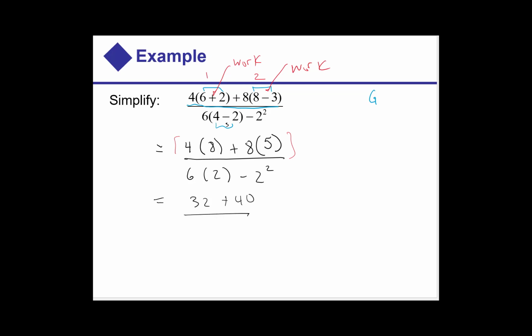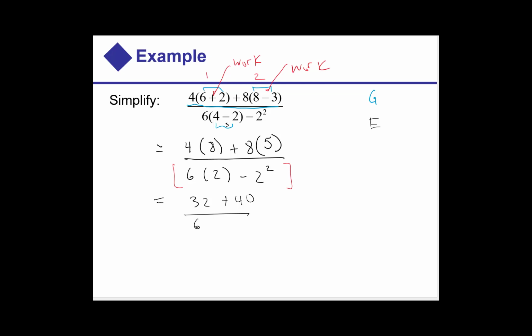Now, let's continue to work on the bottom group. Now, the bottom group also is another group that we haven't finished. And inside that bottom group is an exponent. Exponents come before the multiply. So, we still haven't finished all the groups yet, but I am kind of shortcutting it here and knocking off that one exponent.